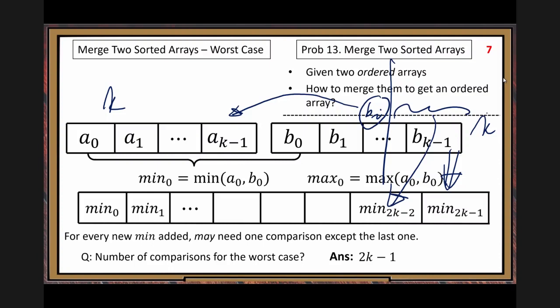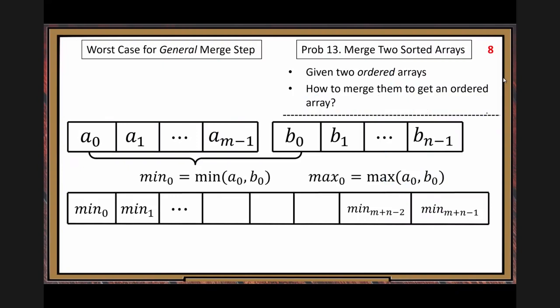That's the worst case. Now the best case; let's work on it in the next slide. But before the best case, let's do the general merge step, where the number of elements in the A subarray and in the B subarray, m and n, could be different, not necessarily the same.